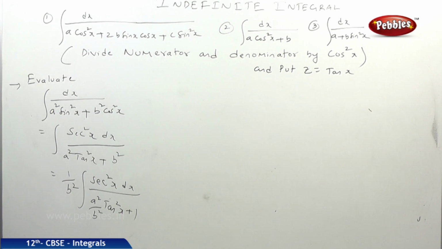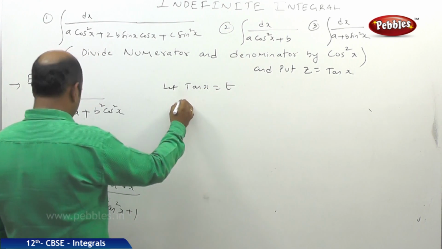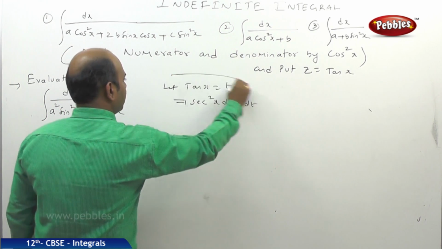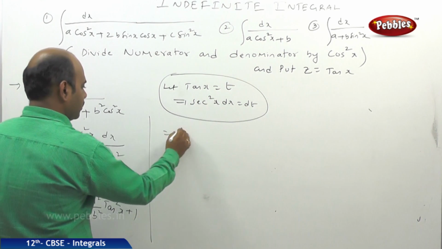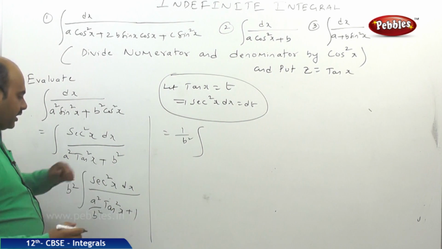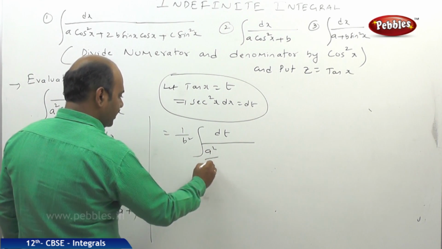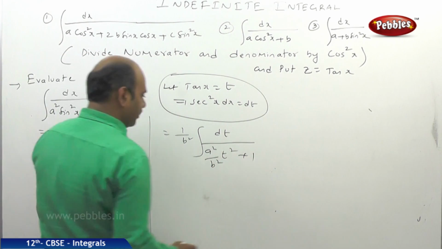So what I will be doing is putting tan x is equal to t, or I can put a square by b square tan square x is equal to t. Anything we can do, but for my convenience, let tan x is equal to t. If I put tan x is equal to t, secant square x dx will become dt. So this particular thing I will be applying here and substituting. So what happens? 1 by b square secant square x dx, secant square x dx means dt, divided by a square by b square, in place of tan square x, t square, and here plus 1.